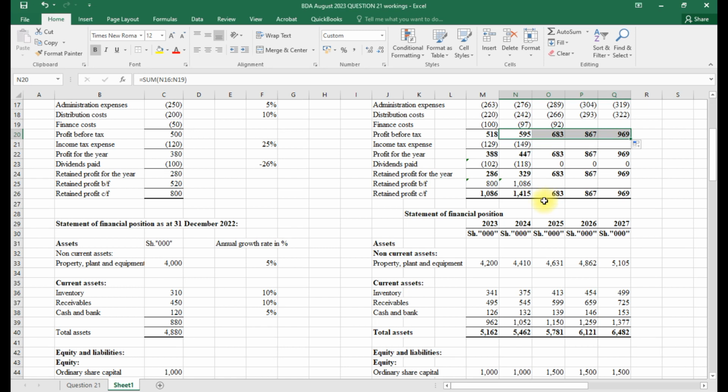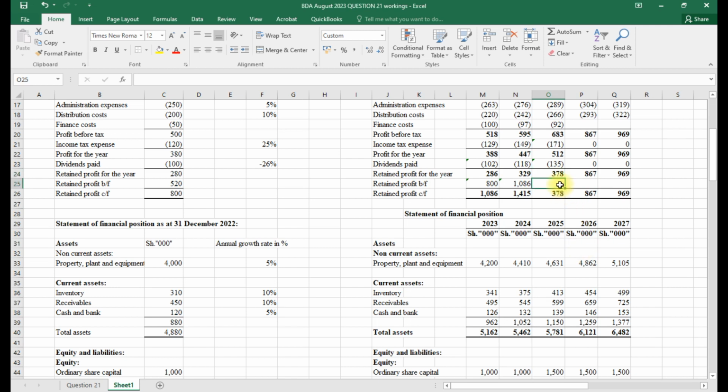And our income tax, again I will autofill this so that it will automatically calculate. So it has not calculated here. It will be this multiplied by 25%. Remember the negative for the tax. Then the dividend paid will be this multiplied by 26%, that way.